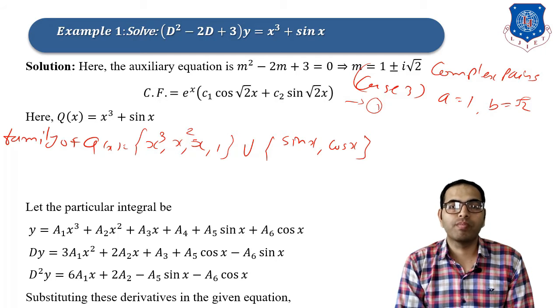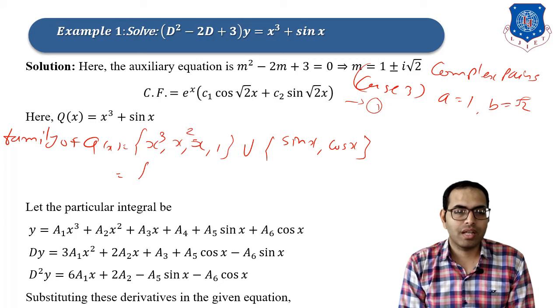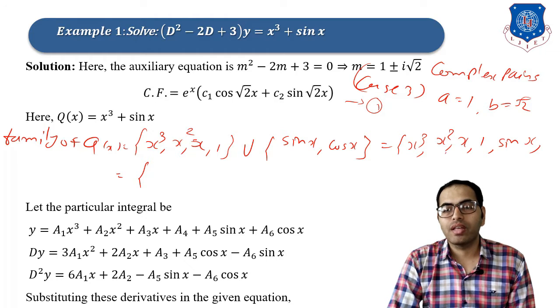Whenever our q(x) is in addition or subtraction form, we just find the family of x³ union the family of sin x. Then our total family is x³, x², x, 1, sin x and cos x.